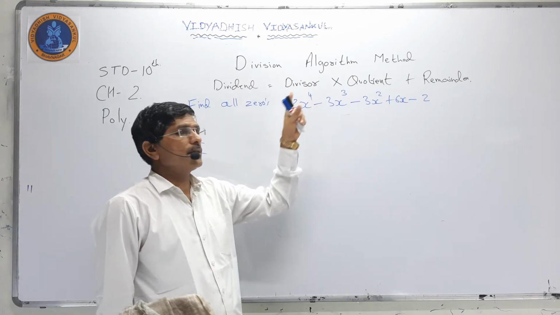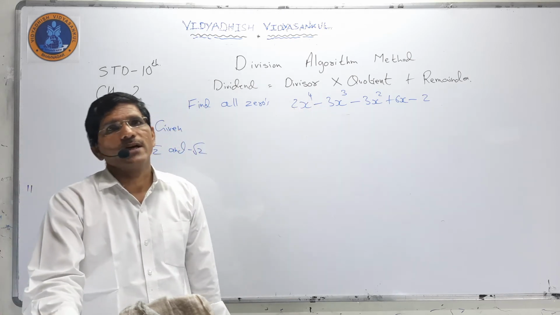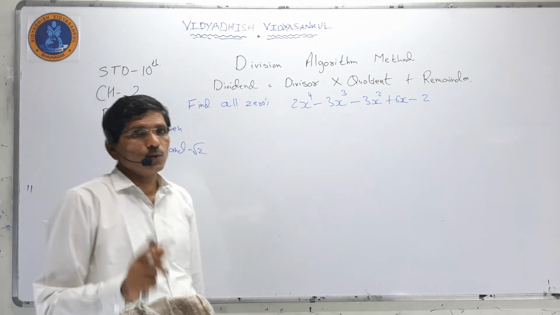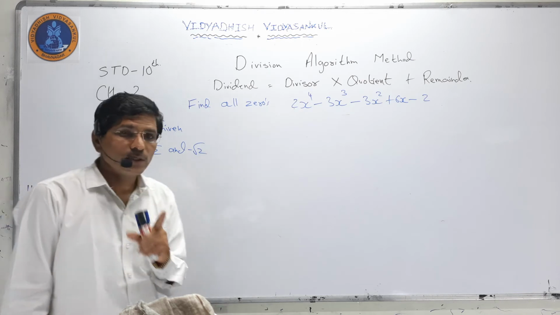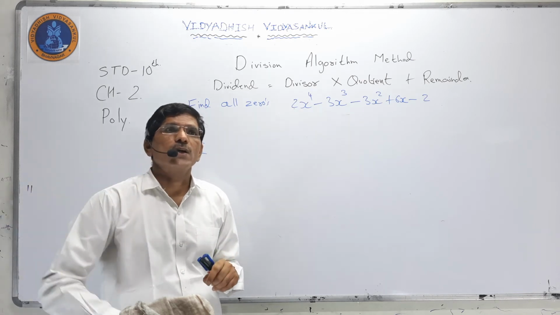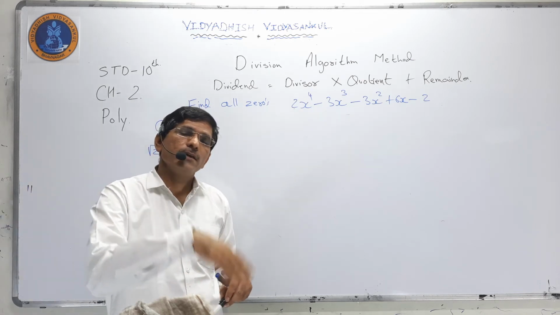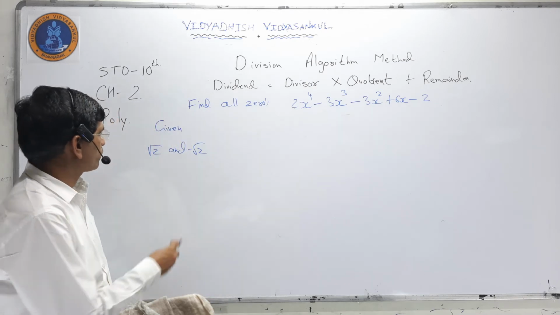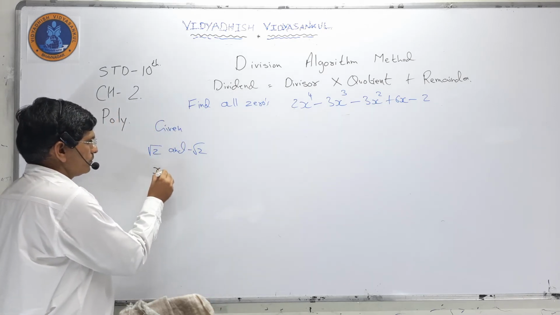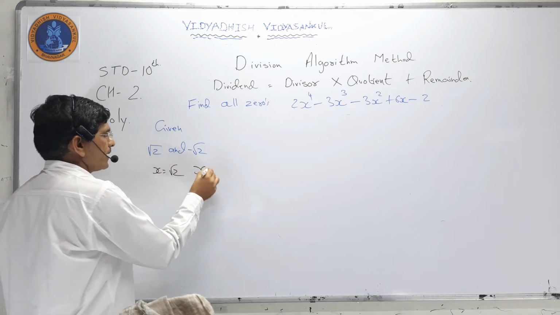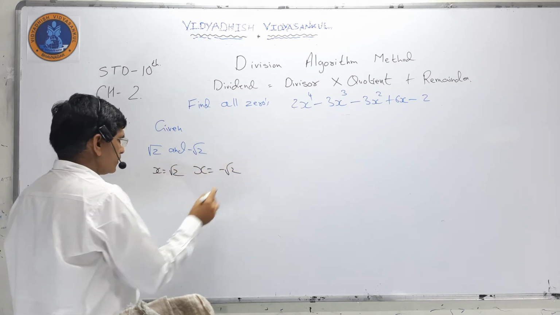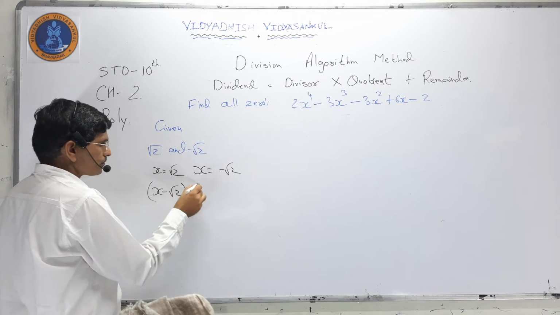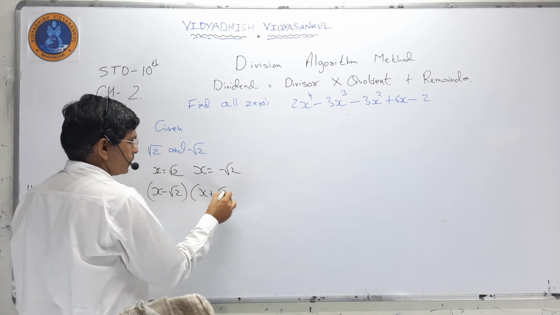Already we know that x the power 4 has 4 zeros, so out of 4 zeros, 2 zeros are given. By using 2 zeros, we can make a quadratic equation, which we have already seen in the last lecture. So x is equal to root 2, x is equal to minus root 2. So x minus root 2 and x plus root 2.